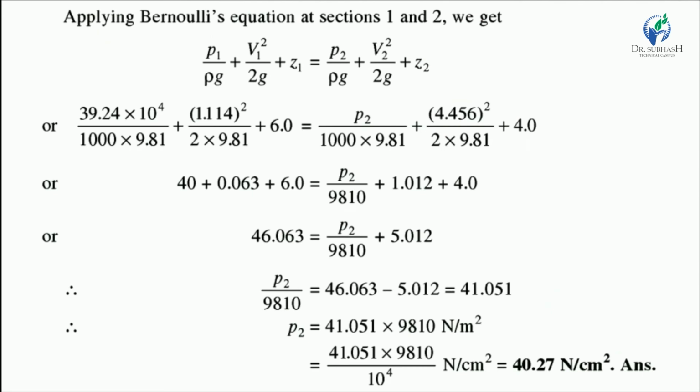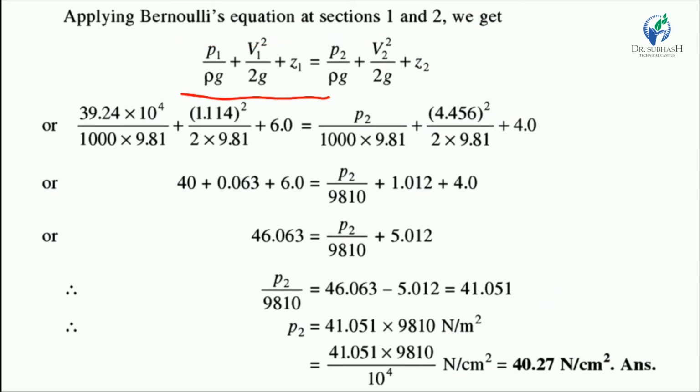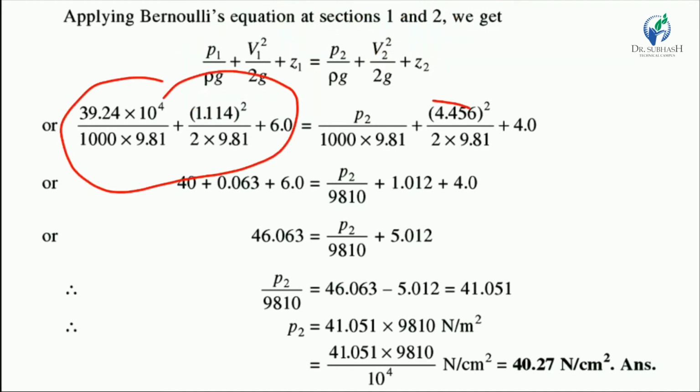Now we apply Bernoulli's equation at section 1 and section 2: pressure energy, kinetic energy and potential energy at section 1, and similarly pressure, kinetic and potential energy at section 2. Now put all the values into all elements of the equation.